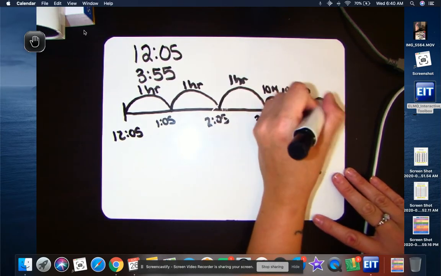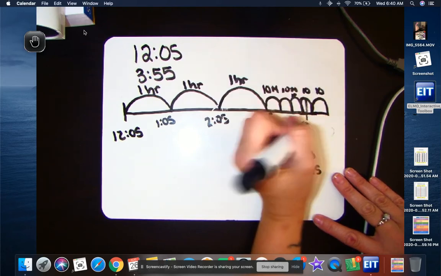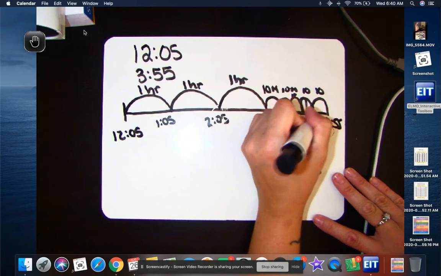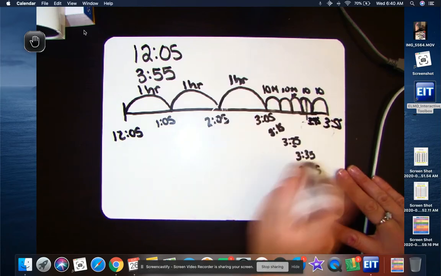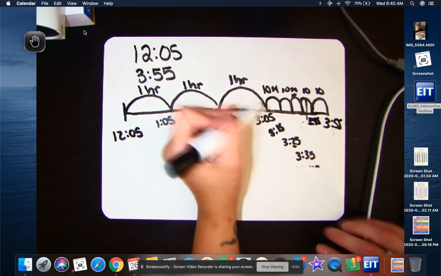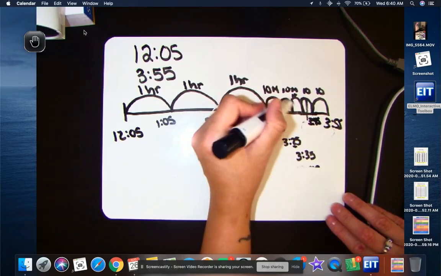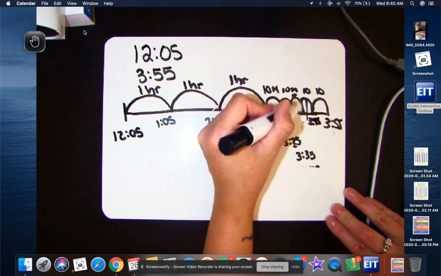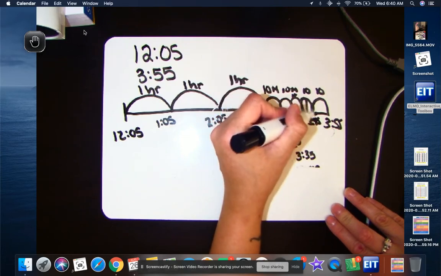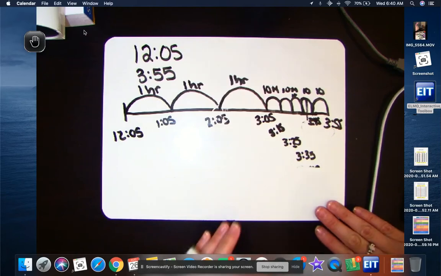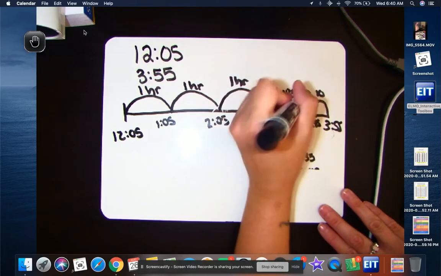And then the last 10 minutes will make it 3:55. So I jumped from 3:05, 3:15, 3:25, 3:35, 3:45, 3:55. I have all of my jumps made, and I need to add them up.